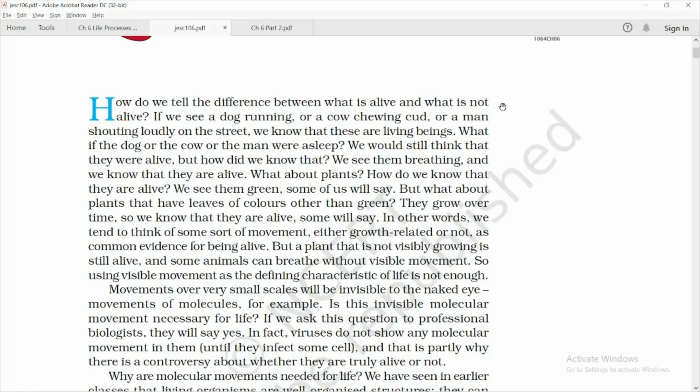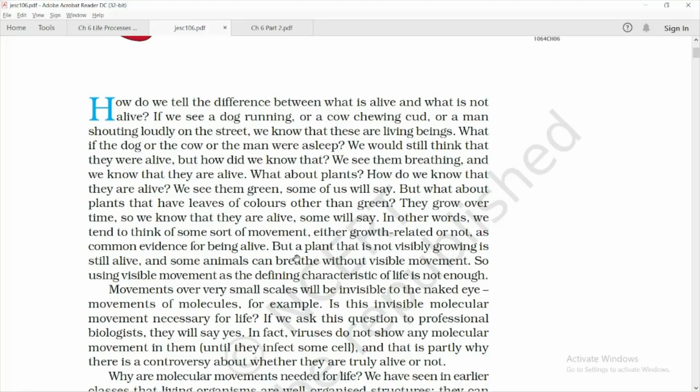What about plants? How do we know that plants are alive or not? We see the green color, right? But what about plants that have leaves of colors other than green? They grow over time, so we know that they are alive, some will say. In other words, we tend to think of some sort of movement, either growth related or not, as common evidence for being alive.